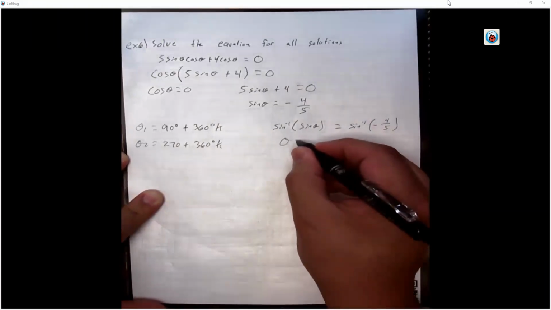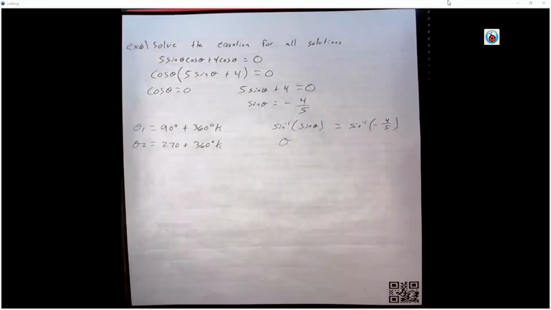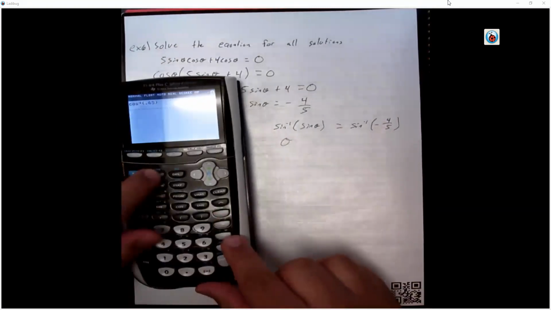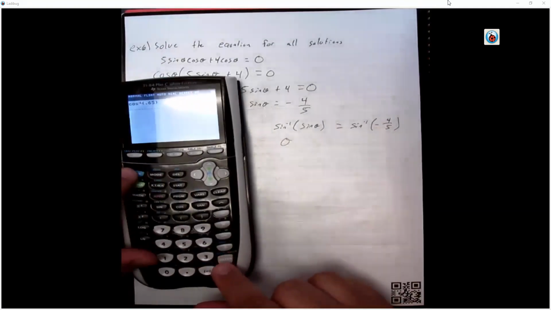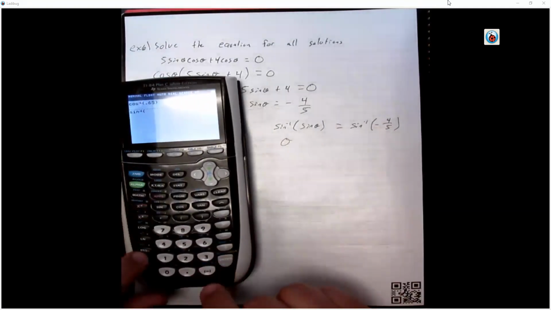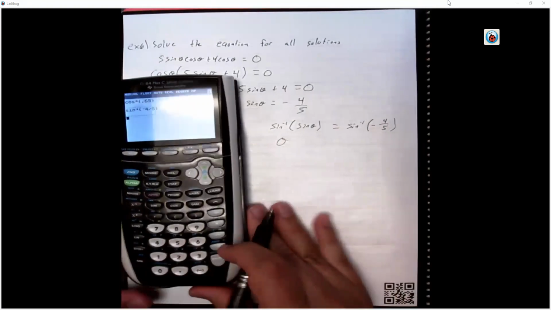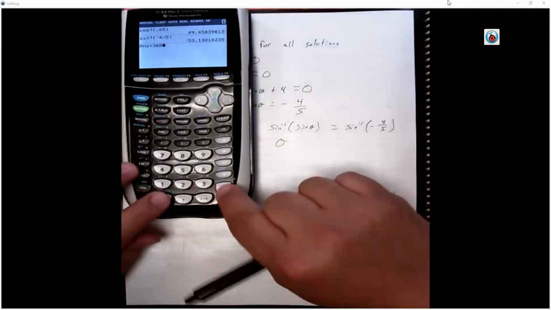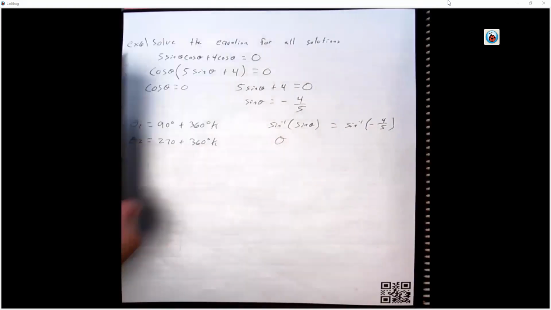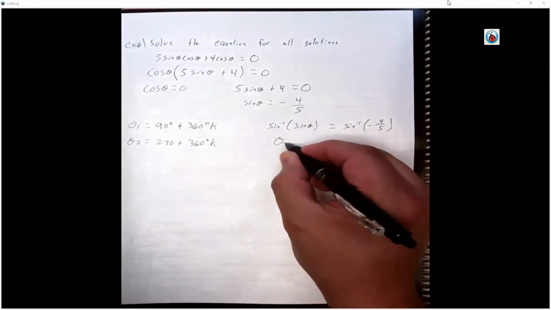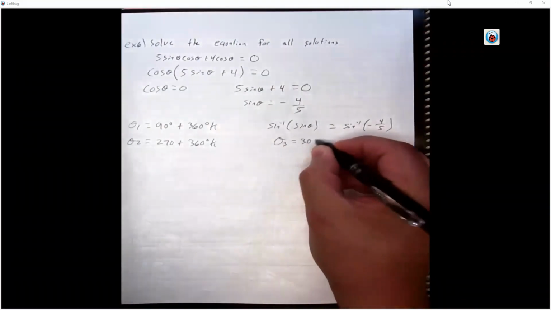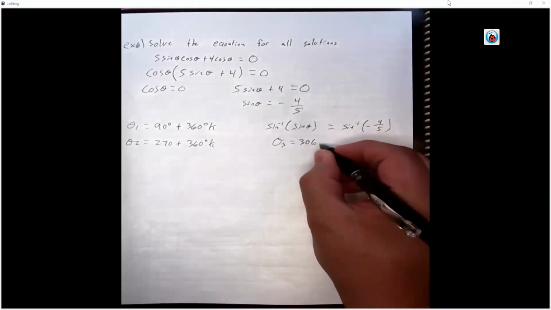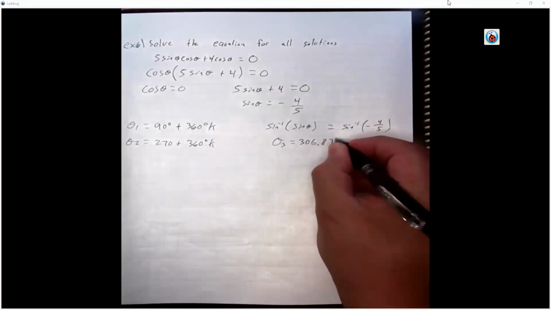So theta will equal, I don't remember, negative 53 degrees. Add 360. So theta is 306.87 degrees.